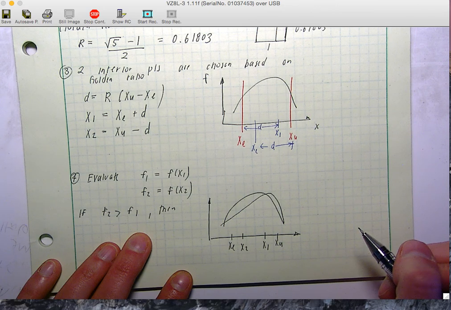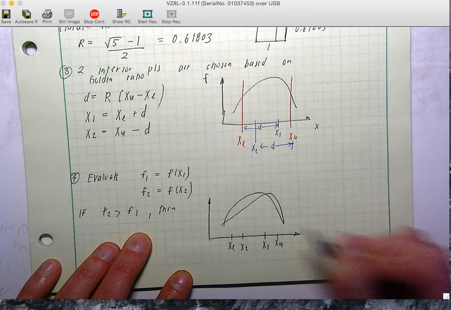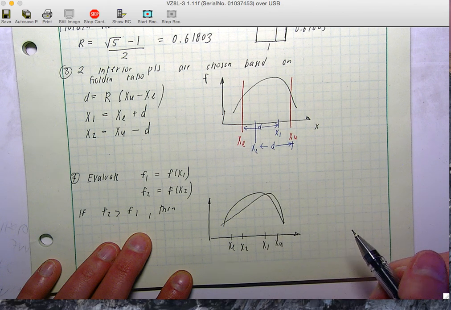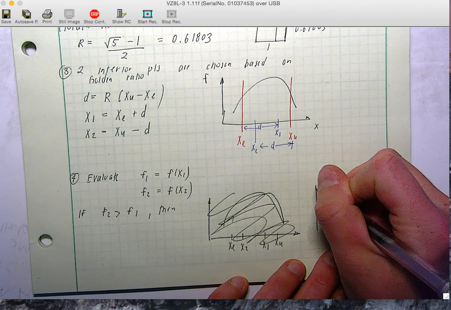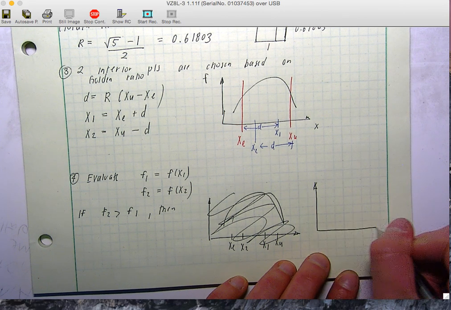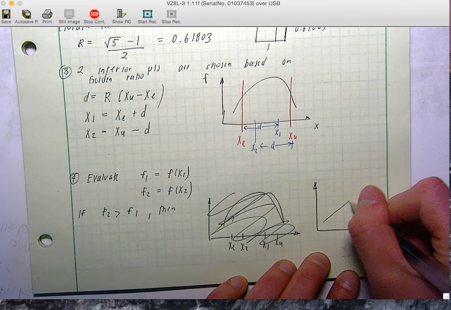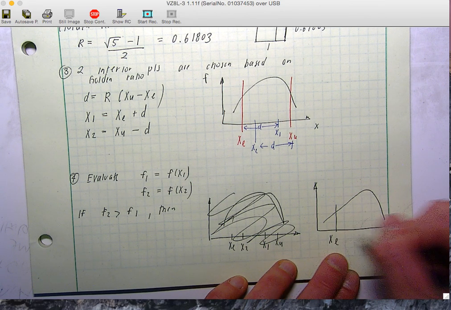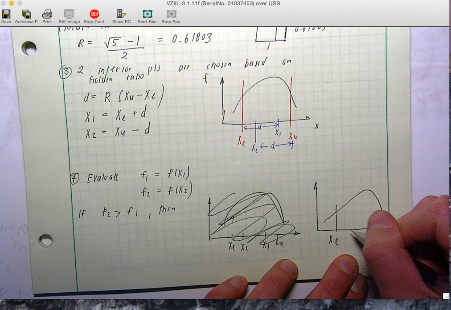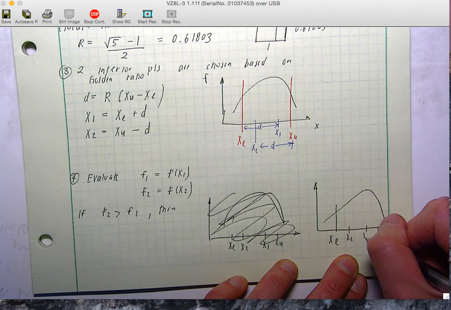F2 is actually less than. Okay. Your lower point, your upper point, your x2, and your x1.